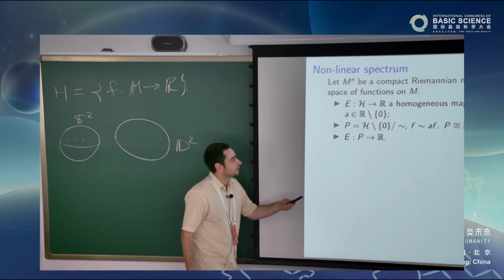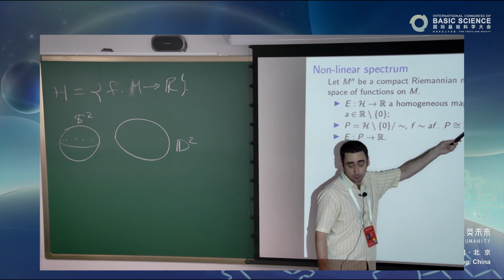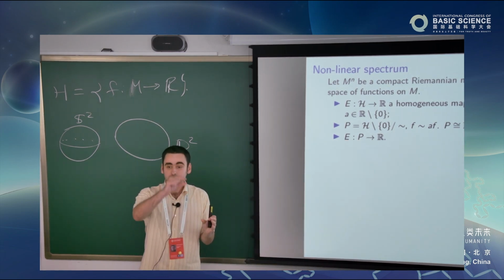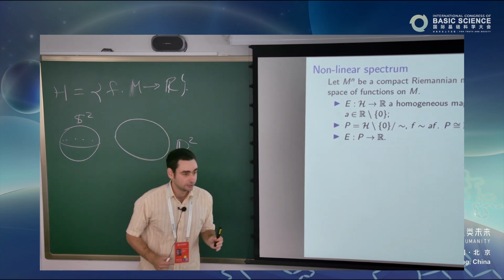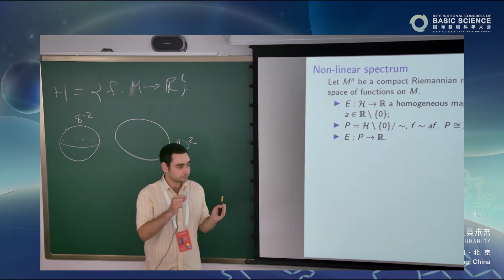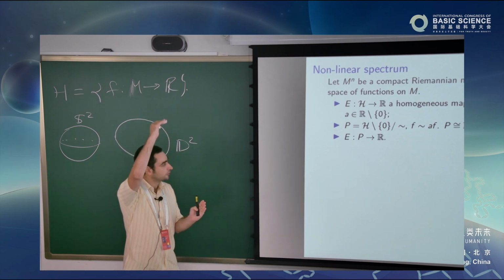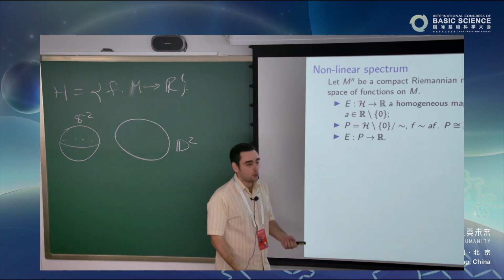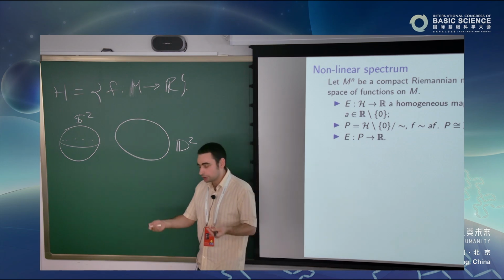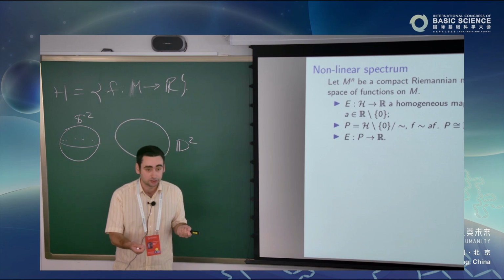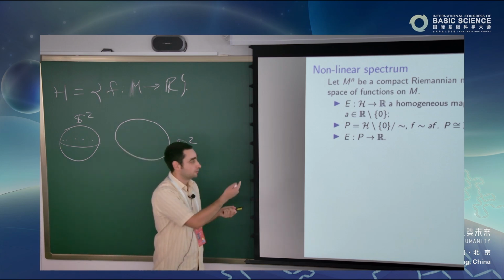Because if you consider homology or cohomology of RP infinity with Z2 coefficients, then you have exactly one non-trivial element in homology or cohomology in each dimension. You have 0 and 1 and 2 and 3. Okay? And so these non-trivial homology and cohomology elements can help us find critical points of our function.